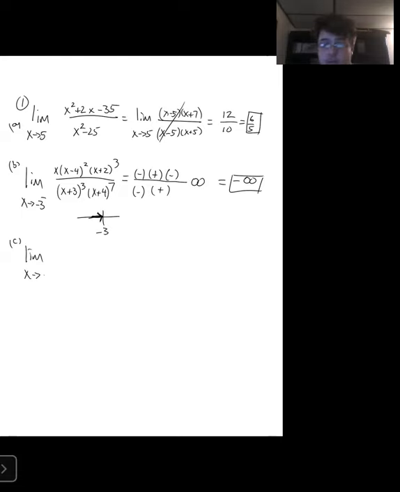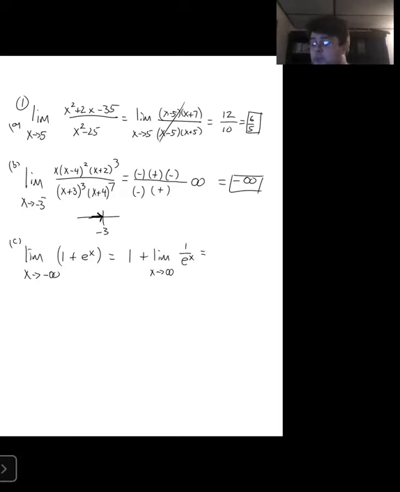Next, limit as x goes to -infinity of 1 plus e to the x. There are 2 ways you can do this. I'll show both ways. First, you could split it: limit as x goes to infinity of 1, which is 1, plus limit as x goes to -infinity of e to the x, which I'm going to do by converting it to a limit as x goes to positive infinity of e to the negative x, which is 1 over e to the x.